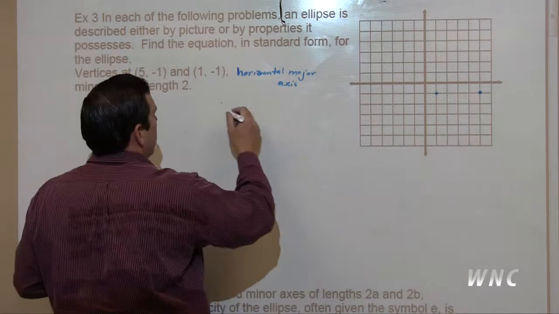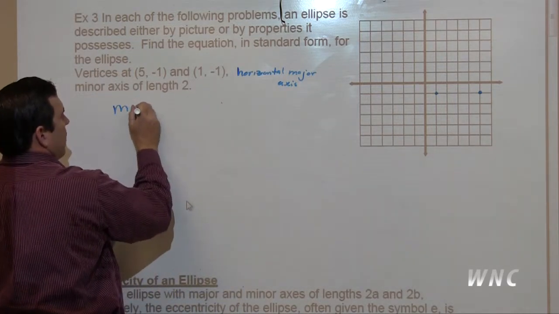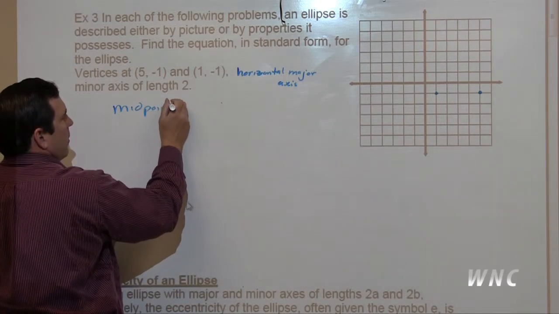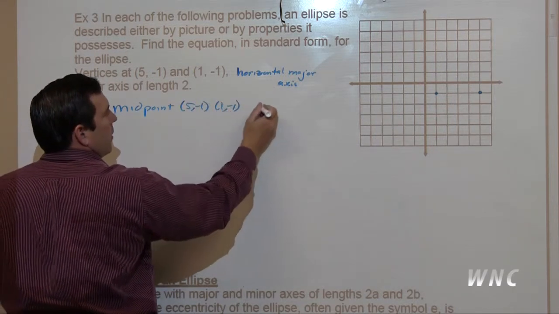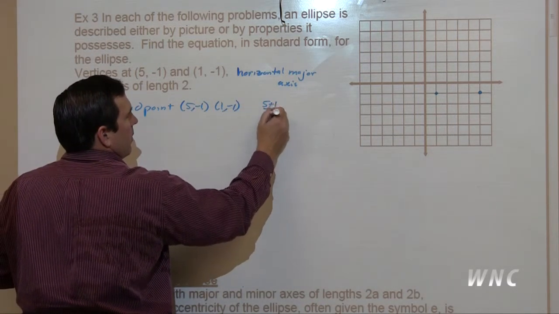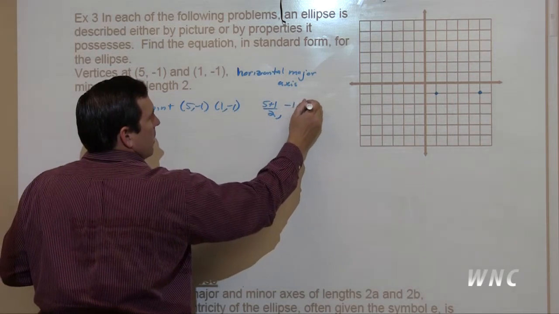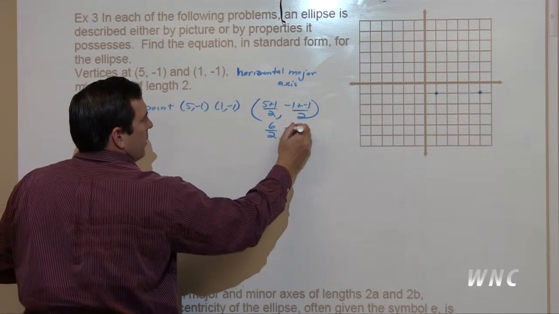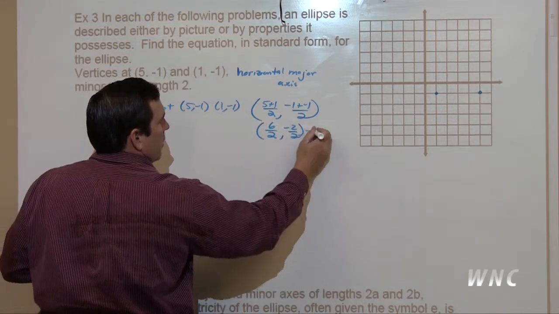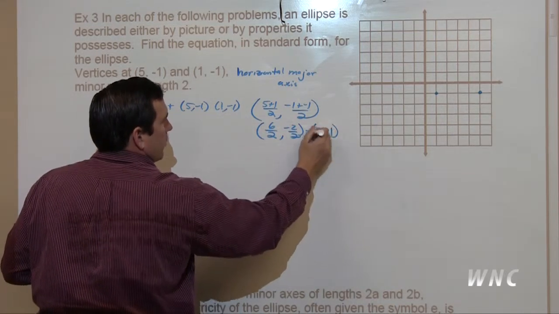Now, what's the center between those? What's the midpoint between (5, -1) and (1, -1)? Well, that'd be 5 plus 1 divided by 2, -1 plus -1 divided by 2, 6 halves comma -2 halves, so it's (3, -1).